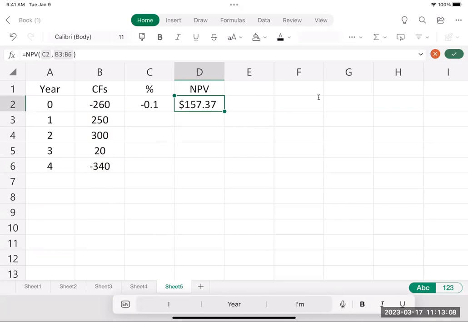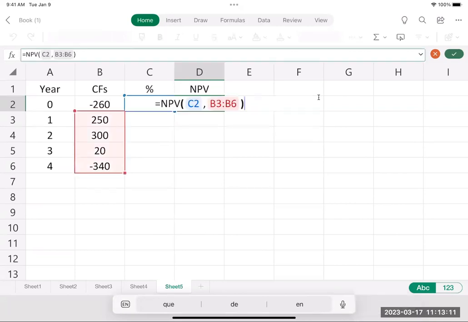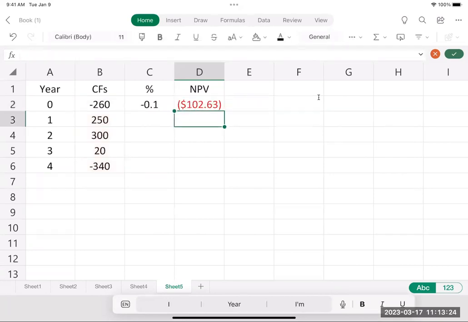Okay, so this is going to be confusing. I'll explain in a second. So you got to be careful with Excel. All right, that worked.